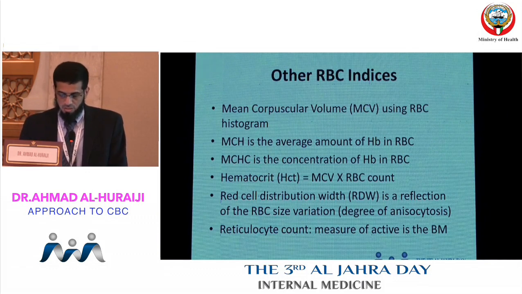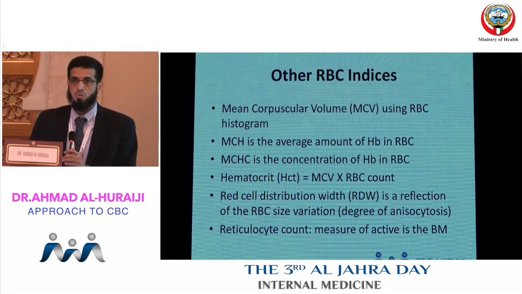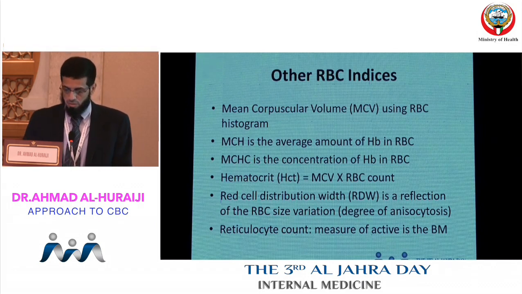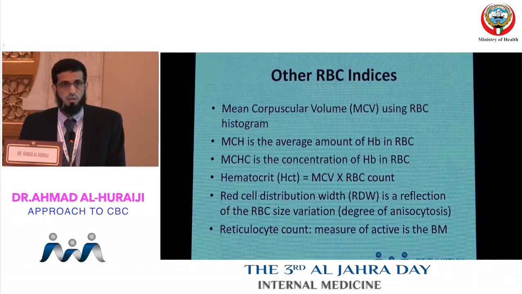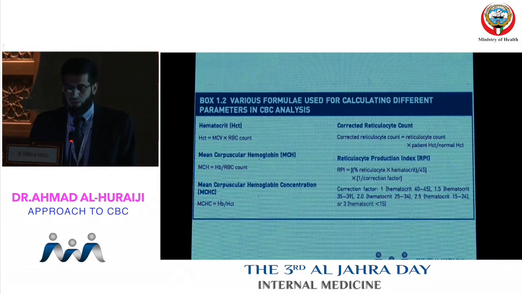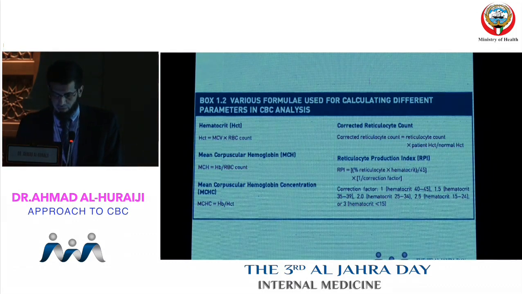But the MCHC is the concentration of hemoglobin in a blood volume. The other parameters are usually counted. For practical purposes, we usually classify our anemias in daily practice according to their MCV and RDW. There are also various formulas used to calculate the different parameters in the CBC.